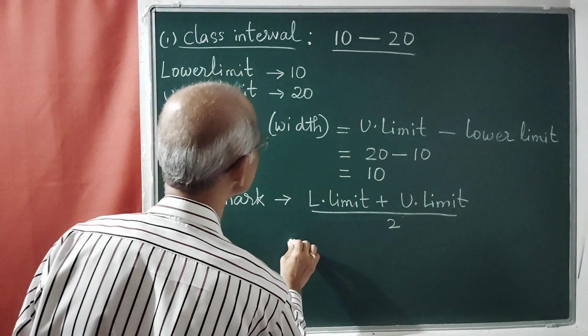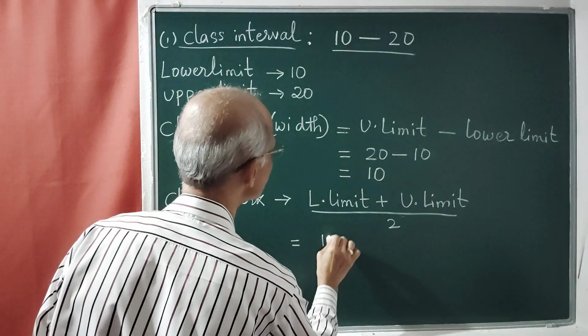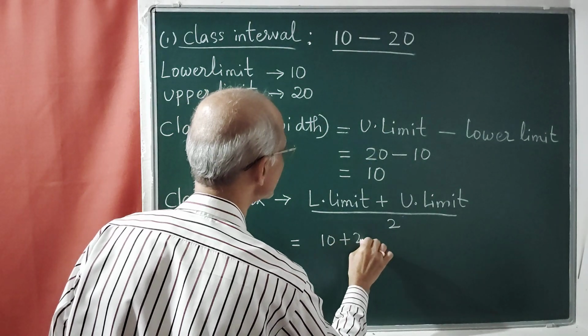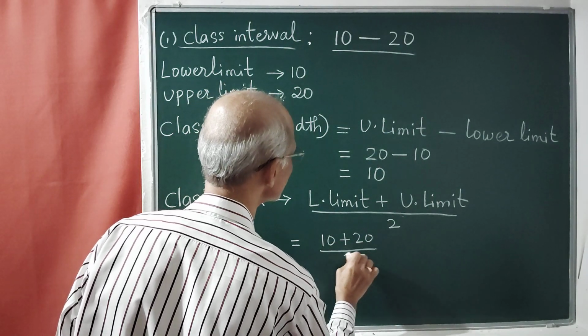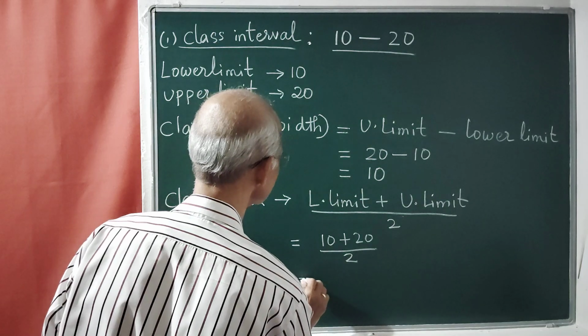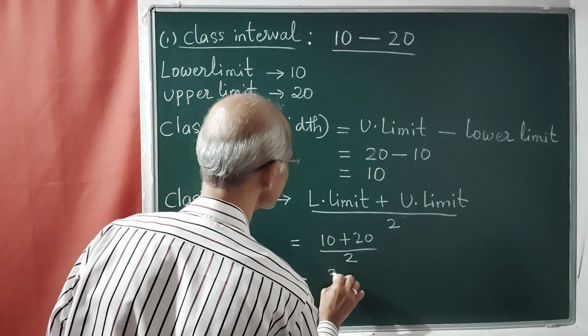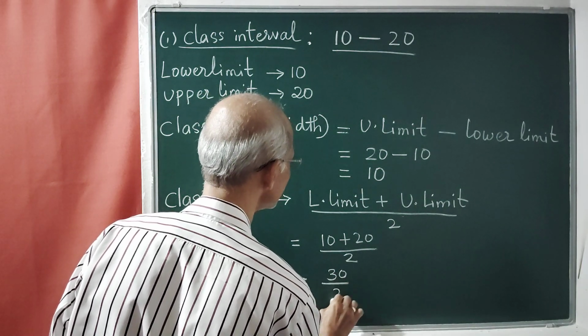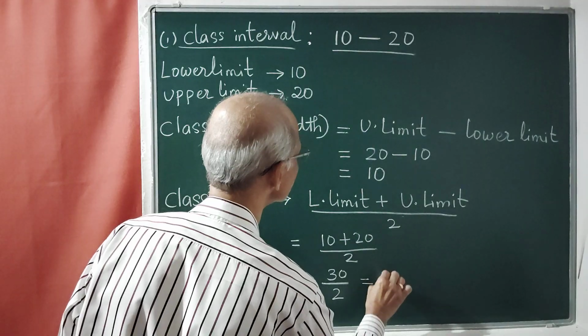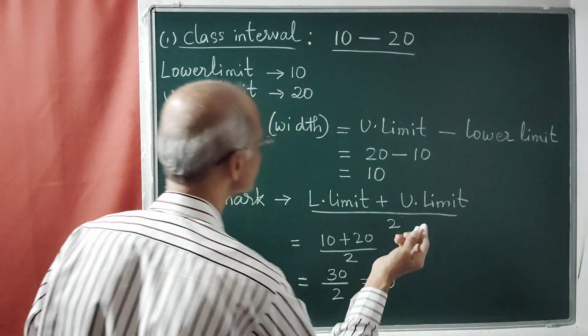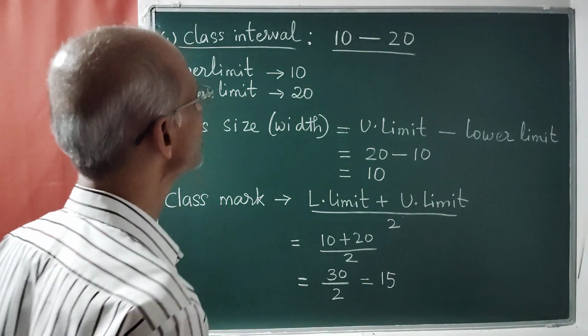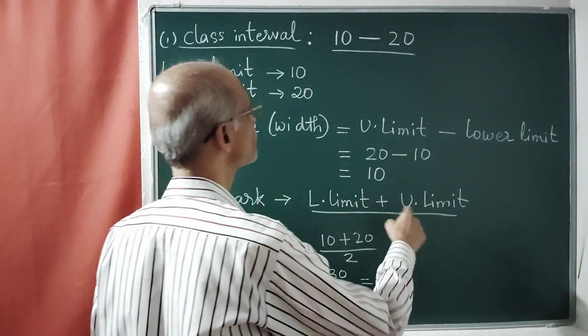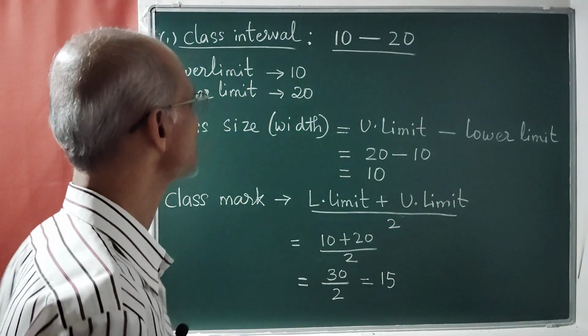In this case, 10 plus 20 divided by 2. The class mark is 30 by 2. Class mark is 15. Lower limit plus upper limit divided by 2 will give the class mark.